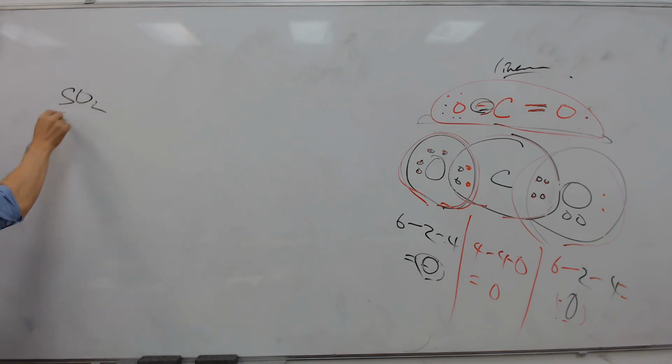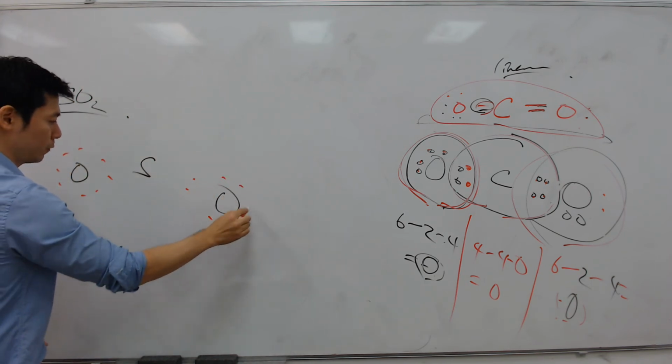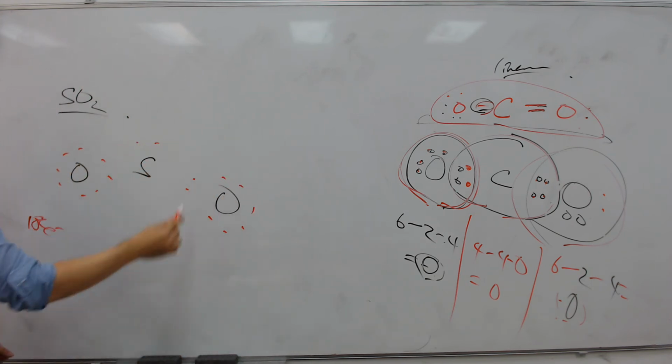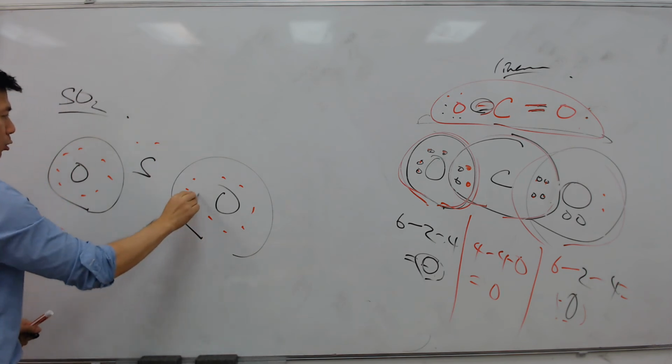Sulfur dioxide. If you draw this, sulfur is in the middle and the oxygens surround it. 6, 6, 6, that's how many electrons they have, so you have a total of 18 overall electrons. 1, 2, 3, 4, 5, 6, 7, 8, 9, 10, 11, 12, 13, 14, 15, 16, 17, 18, okay? Now this oxygen has 8, this one has 8, and this one will have 6.